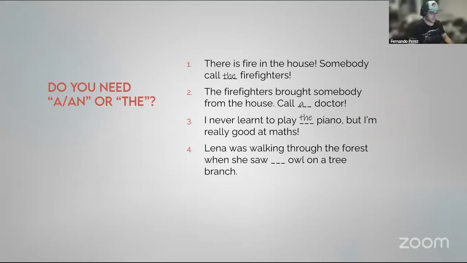Easy peasy. Good job. An owl. Do you know what is an owl? Oh, yes, like Duolingo. Yes, excellent. Duo's owl.